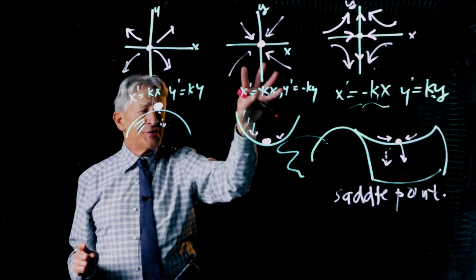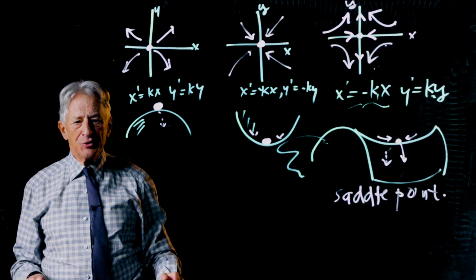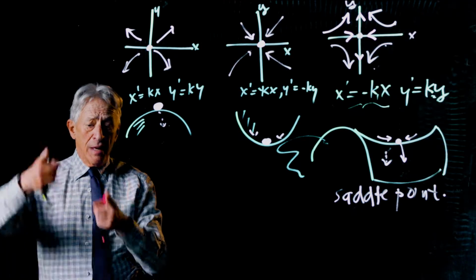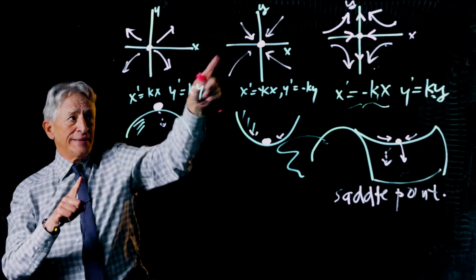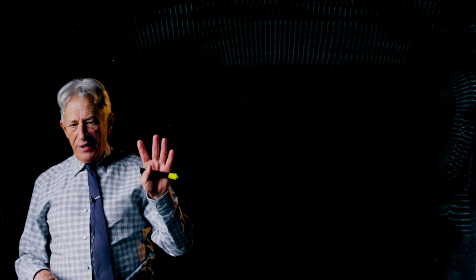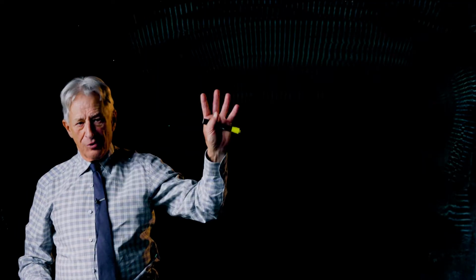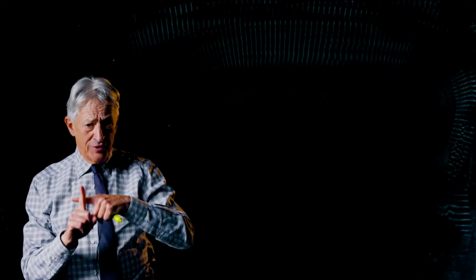These are the three simple equilibrium points that can occur in 2D by mixing and matching 1D vector fields. We mix and match two 1Ds to make a 2D, and that gives us a purely stable, a purely unstable, and the saddle point, unstable.